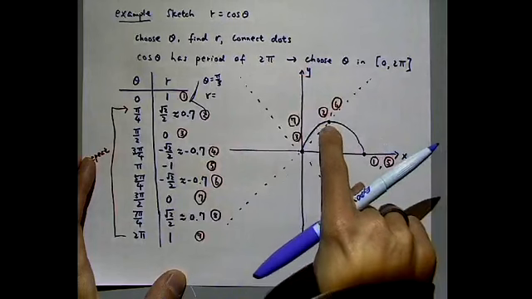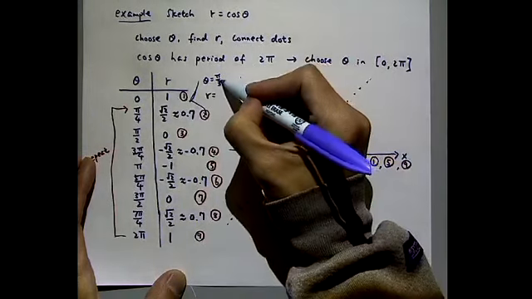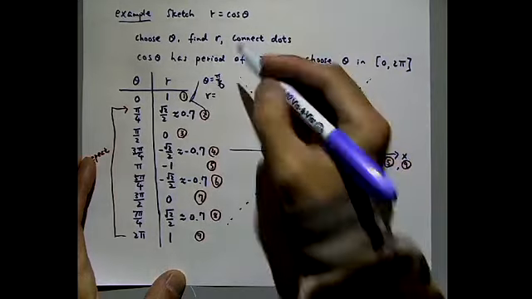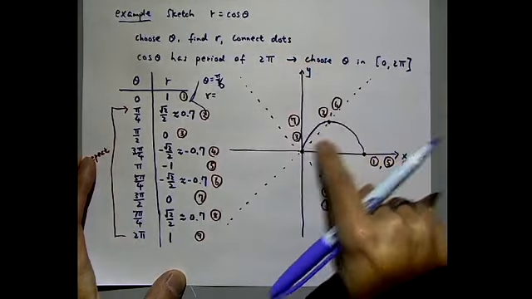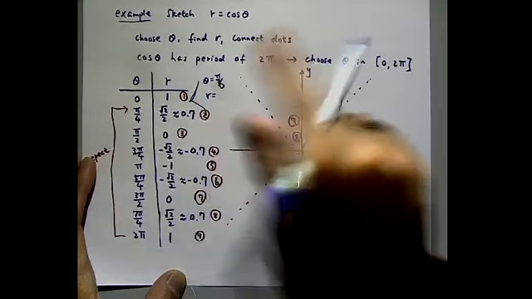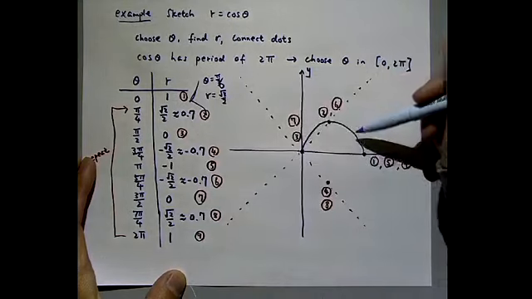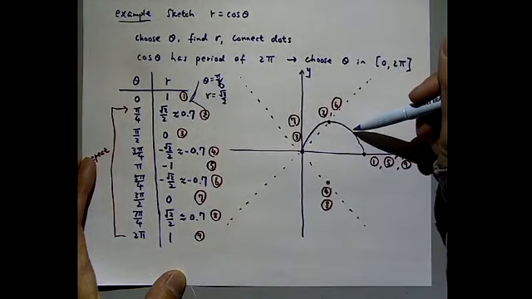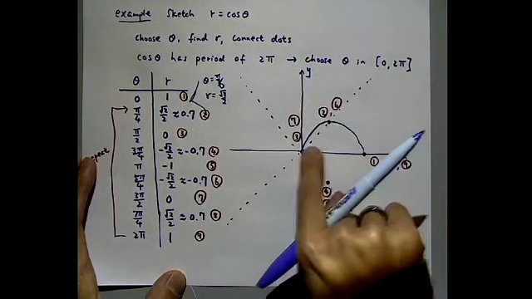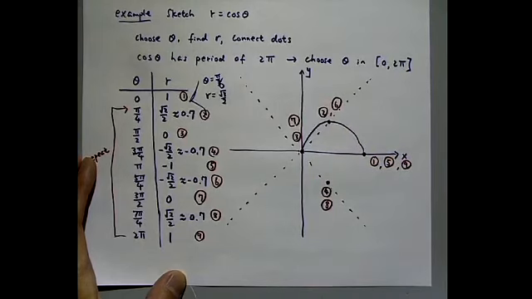So if pi over 3 or pi over 6, let's do pi over 6. Theta as pi over 6 is right here. Our cosine of pi over 6 is root 3 over 2. So it puts me somewhere over here, a little less than 1, but you get the idea, right? We can fill in a point here to get this arc shape.